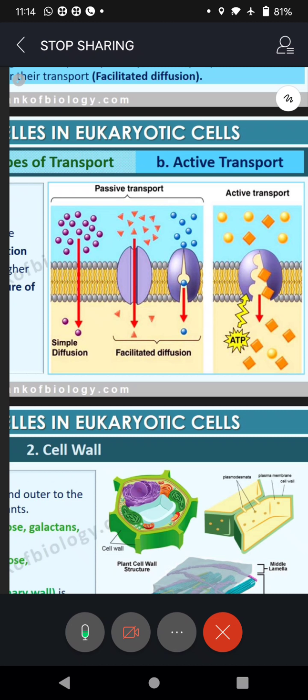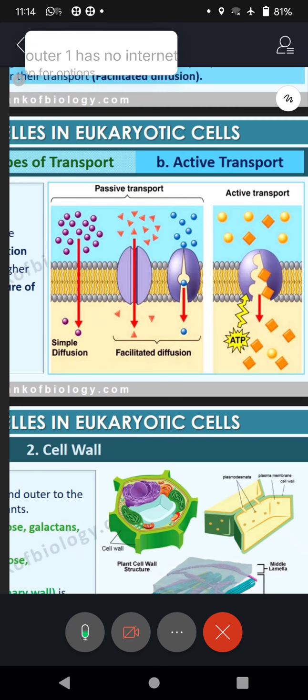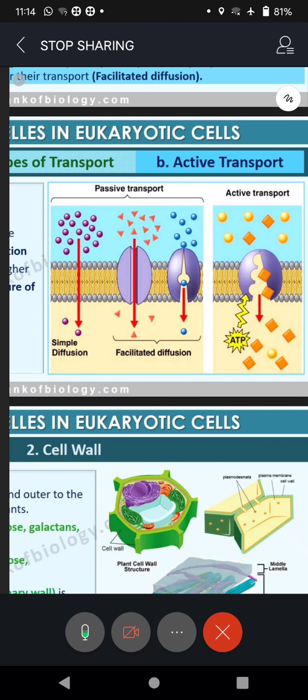Then there is a requirement of energy to be spent. ATP molecules are to be spent, right? Then we say, by spending energy, if materials are made to move, then it is active transport. I hope I made it clear. Active and passive. And tomorrow we will see the cell wall, the structure of the cell wall, right? Take care.